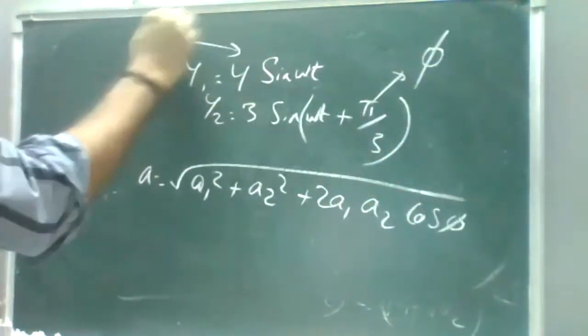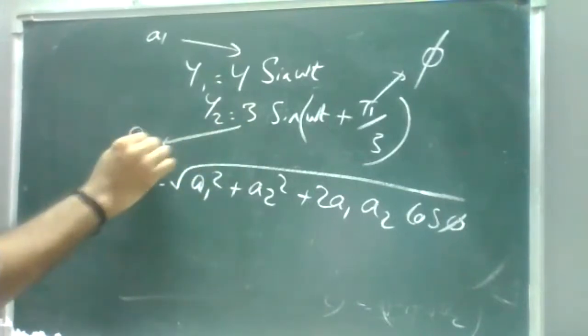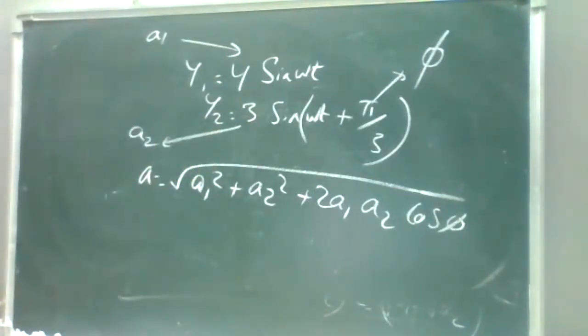I'll read the question again: if two waves are represented by y1 is equal to 4 sine omega t and y2 is equal to 3 sine (omega t plus 5 by 3), find the amplitude of the resultant wave. So A1 is 4, A2 is 3, and phi is 5 by 3. Try to find your resultant amplitude.